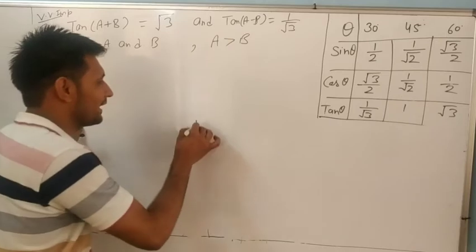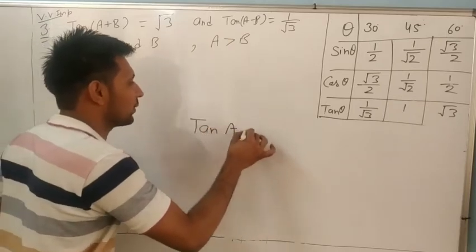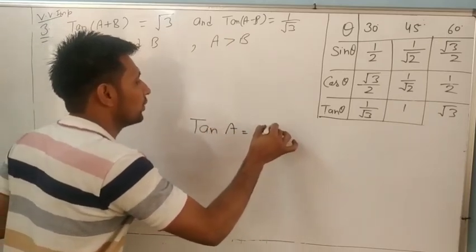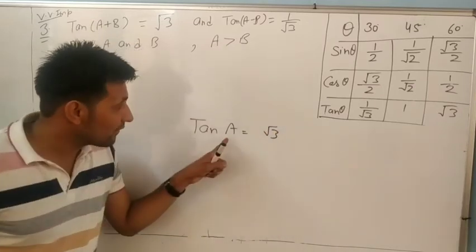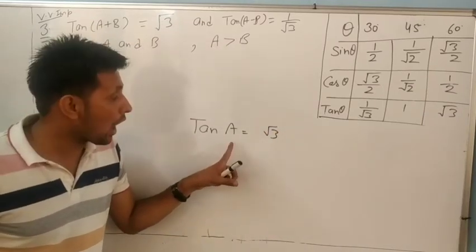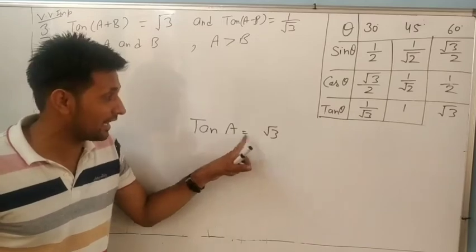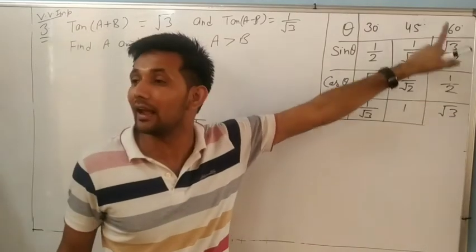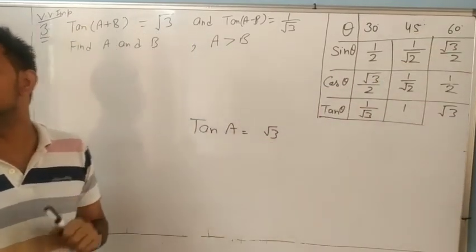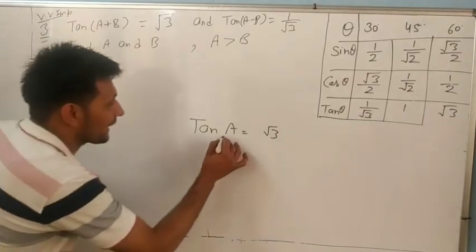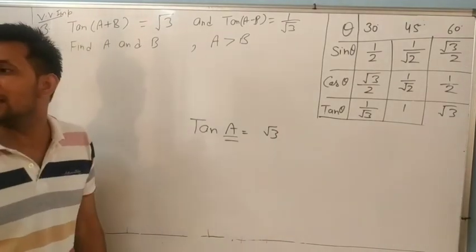What is the meaning of a and b? If I write here tan a equal to root 3, then a is an angle or not? How much angle will you take of tan so that it becomes root 3? So A is 60 degree. It means whatever you write here is always an angle.